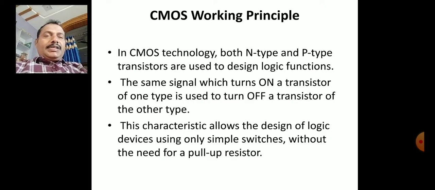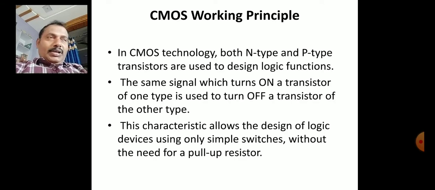Next, CMOS working principle. In CMOS technology, both N-type and P-type transistors are used to design logic functions. The same signal which turns on a transistor of one type is used to turn off a transistor of the other type.